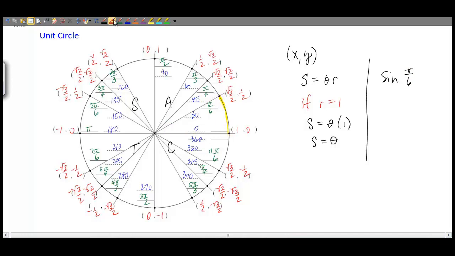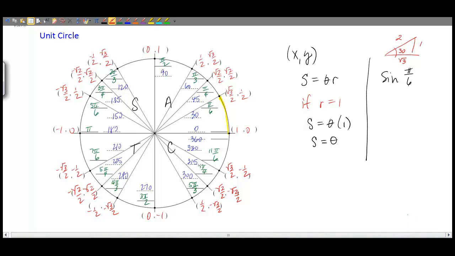Going back to what we learned in the previous chapter on triangles, let's draw a 30-degree triangle. If this is 30 degrees, then the side opposite 30 degrees is 1, the base over here is the square root of 3, and the hypotenuse is 2.